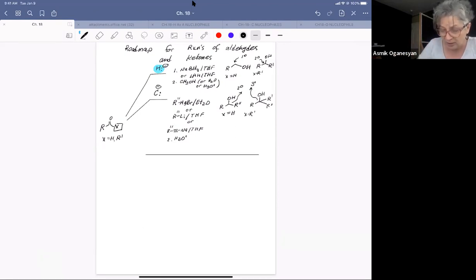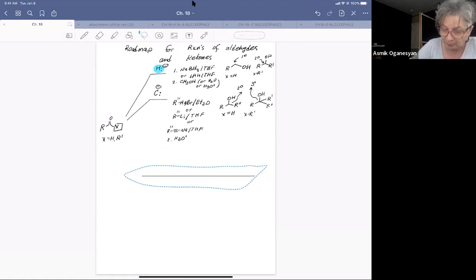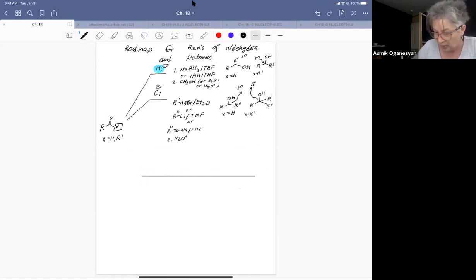With carbon as a nucleophile, we also had one more reaction. So let me bring that line down. Your Wittig reaction as a special case. This is hydrogen as a nucleophile.